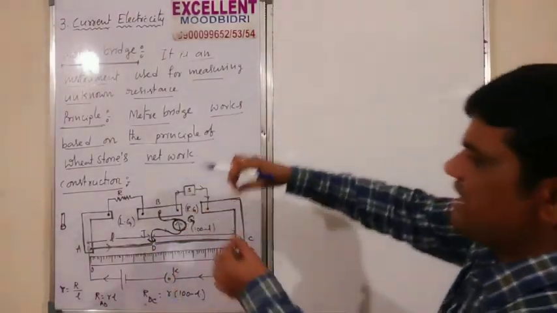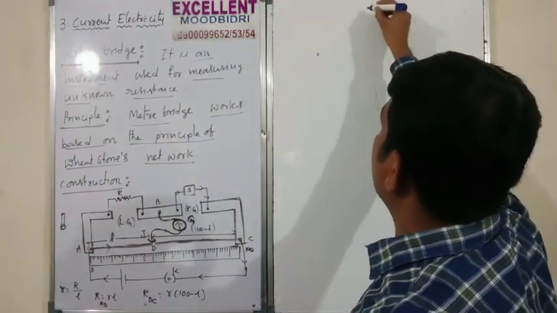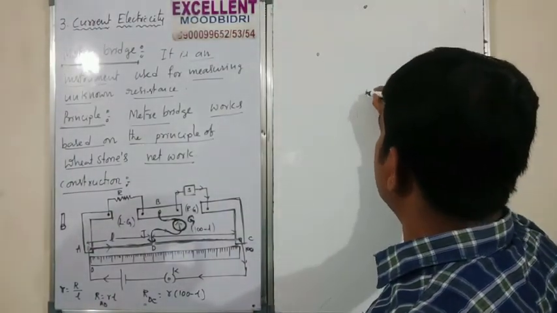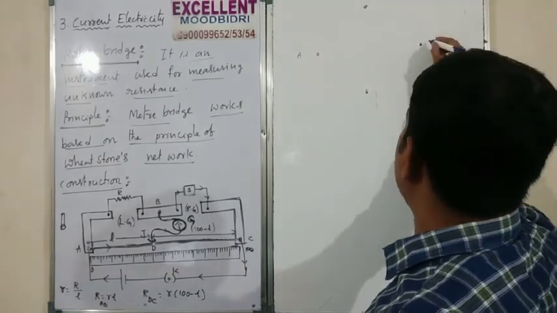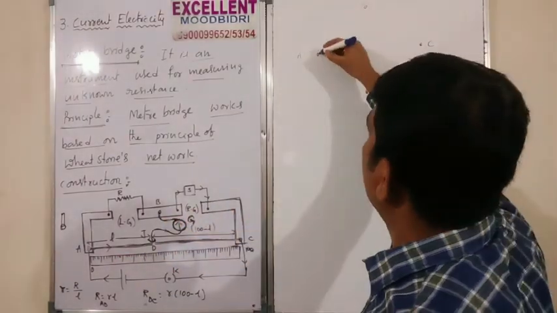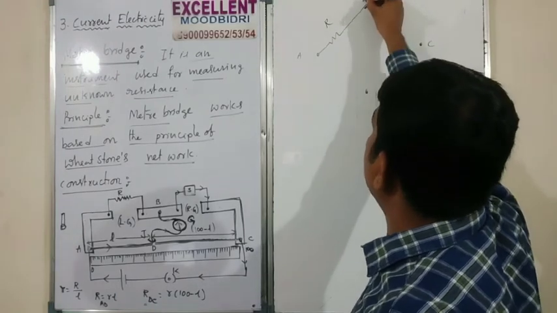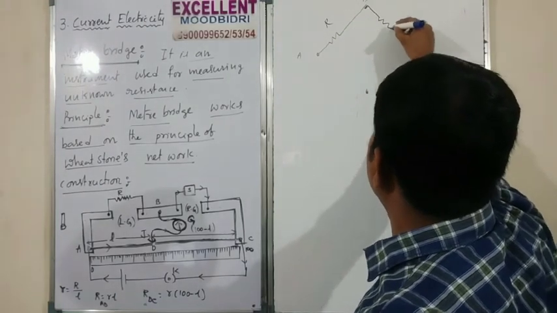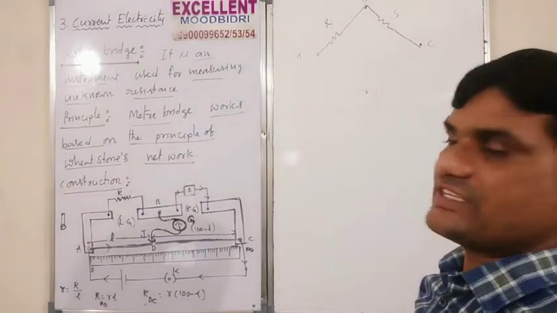That one we have to arrange as a Wheatstone bridge. You can observe this one. This is A, this is C. From A to B, one resistor will be there: this is the unknown resistor R. Next, B to C is the S resistance box, the known resistance.